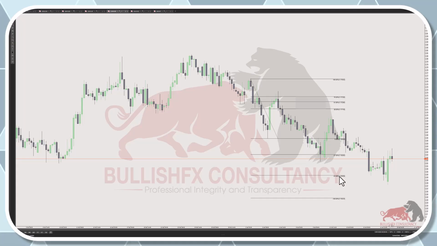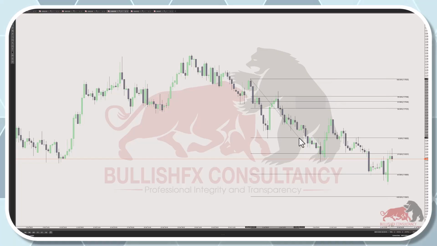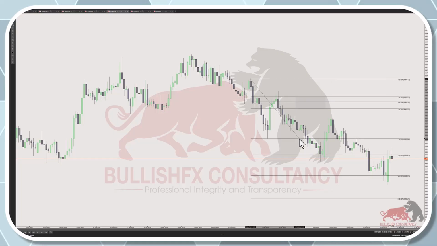Price has already reached the 61% retracement, which is target 2. You see right there, price has already reached that, meaning we've already replicated this expansion from here to here. We've already replicated it twice, right?